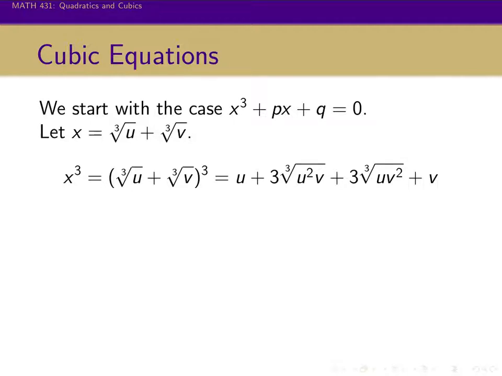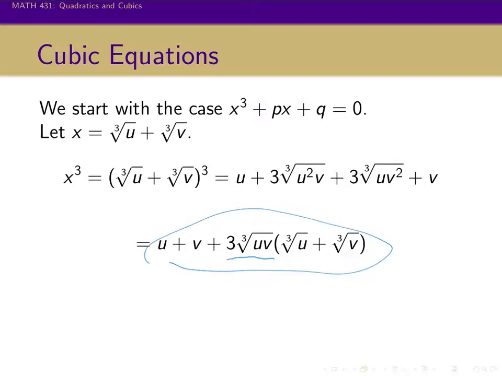And that's just using the binomial formula. And then we're going to rearrange this. If you notice, from these two terms, we can pull out a 3 cube root of uv from both of them. So we're going to move the u and the v together, and then we've pulled out that 3 cube root of uv.